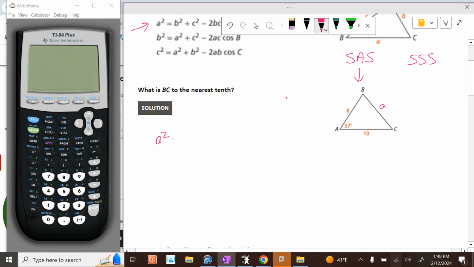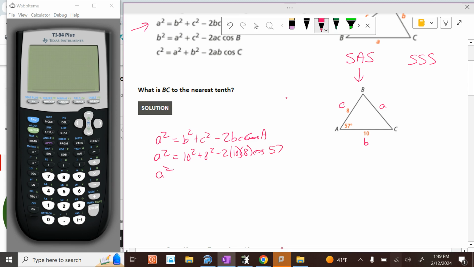So it says A squared equals B squared plus C squared minus 2BC cosine of A. And I have everything I need right here. This is C because it's opposite angle C. This is B because it's opposite angle B. So A squared equals 10 squared plus 8 squared minus 2 times 10 times 8 cosine of 57.